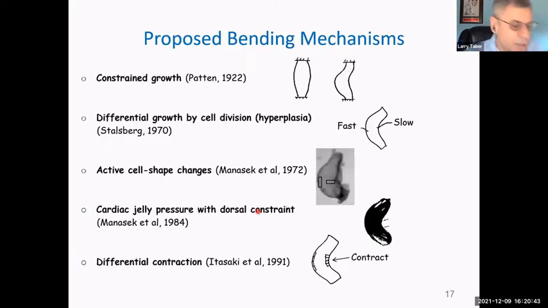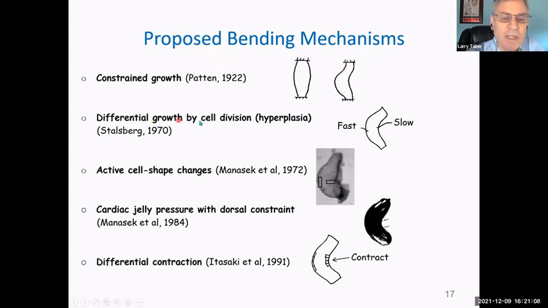Okay, so the bending and torsion are coupled to some extent, but it's useful to consider them separately. During the last 100 years, several hypotheses have been proposed for bending. These include a constrained growth, whereby the heart simply outgrows its allotted space, and that forces the heart tube to buckle and bend.